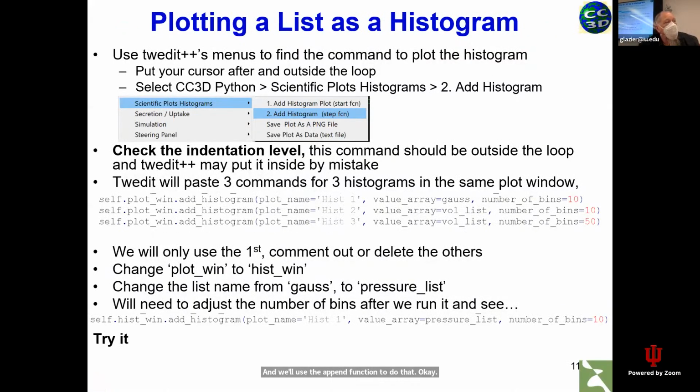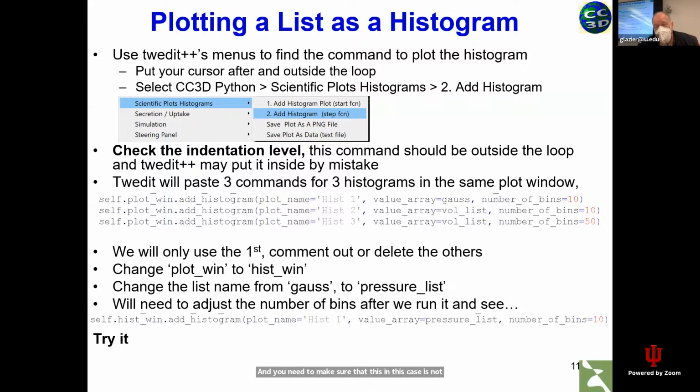Once we've done that, we go into the step function where we're going to put the plot up on the screen. Again, in Twidit Python, we have under scientific plot histograms, add histogram, step function. And you need to make sure that this, in this case, is not inside a loop.